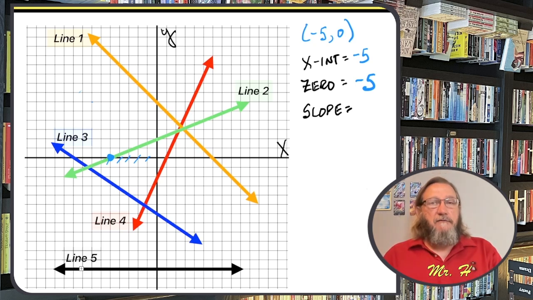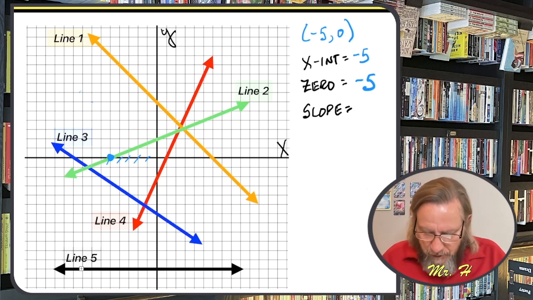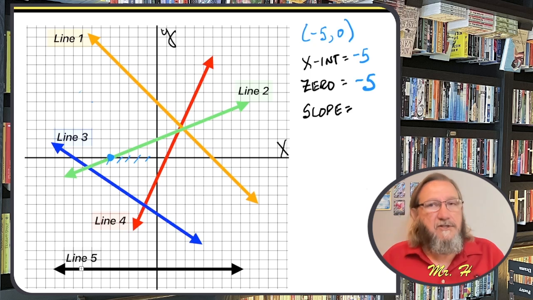The value of a function at a particular point is always the y value. The y value tells us what the value of the entire function is at a particular x location. So the 0 is going to be a negative 5. There's not an actual point that's associated with the 0. It's just a value of x equals negative 5.